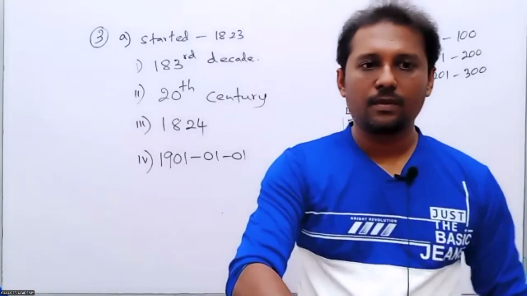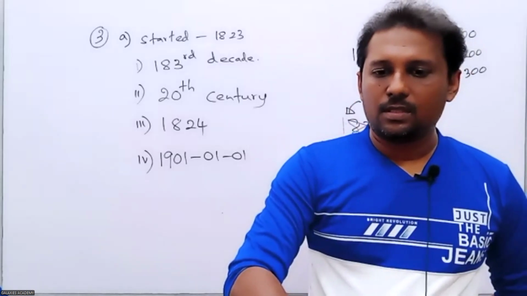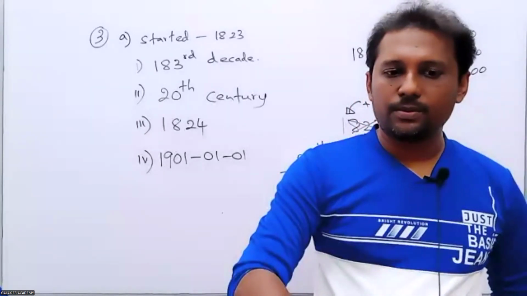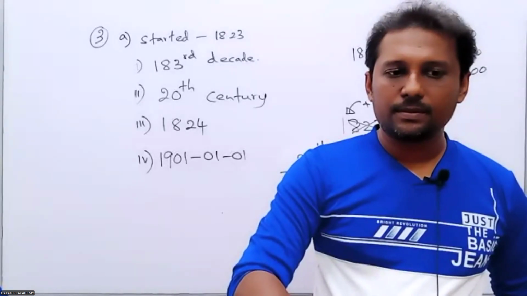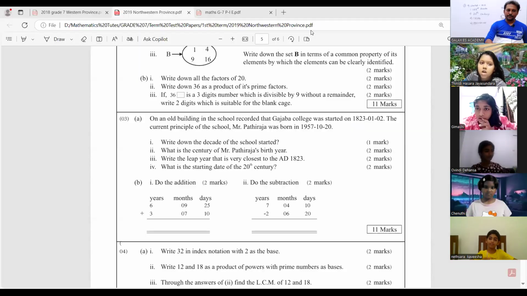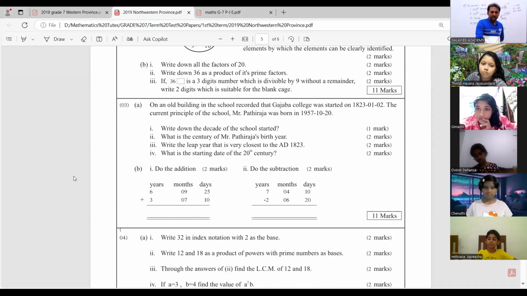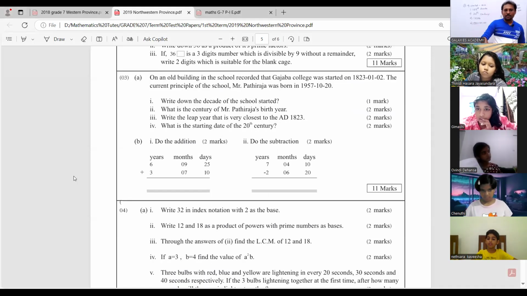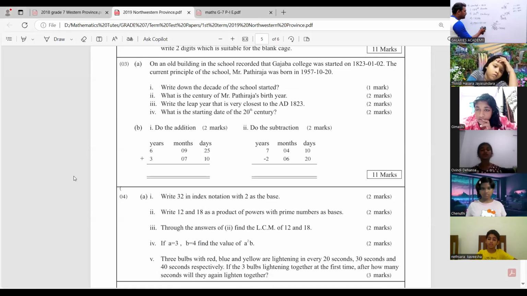Right, that is the simple A part. Then another part is given, simple B. Look at the simple B part. It is about addition and subtraction of years, months and days.